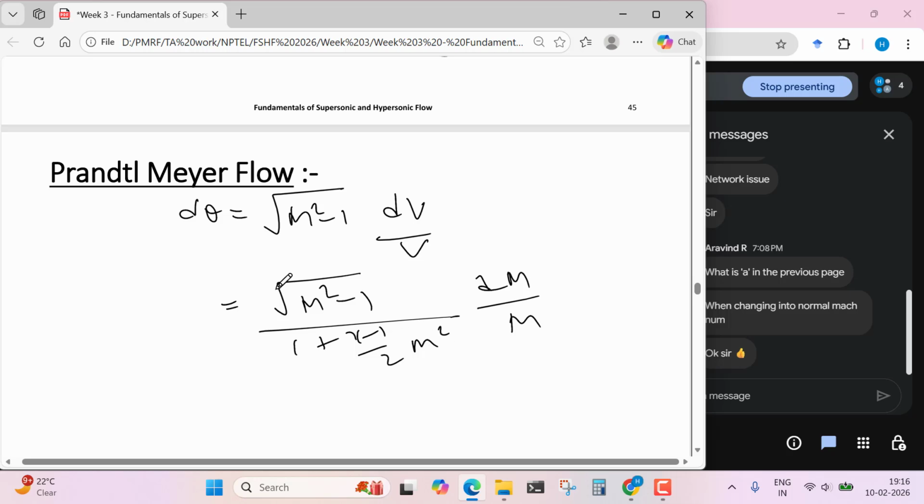And d theta can be found as under root m square minus 1 times dv upon v, which can be written in terms of Mach number as under root m square minus 1 upon 1 plus (gamma minus 1) upon 2 m square, times dm upon m.